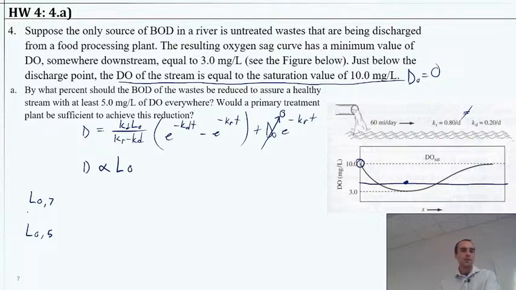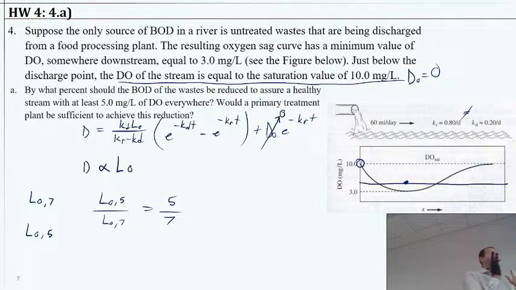And if we just simply describe that and leave out everything else in the equation but the 5 and the 7, we can relate them by just simply dividing one by the other, saying L naught 5 over L naught 7 is just 5/7, right? It's very simply stated that way.